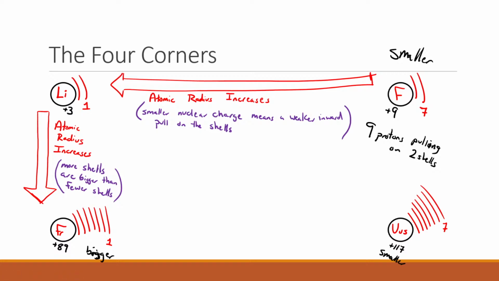It's better able to contract itself inward and shrink itself down versus lithium, which pulls inward on those 2 shells, but not as strongly as fluorine does. And again, that same logic applies down here to francium and ununseptium, where ununseptium is just a little bit smaller than francium is.